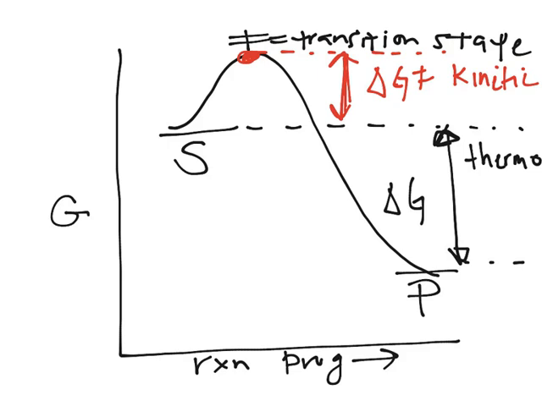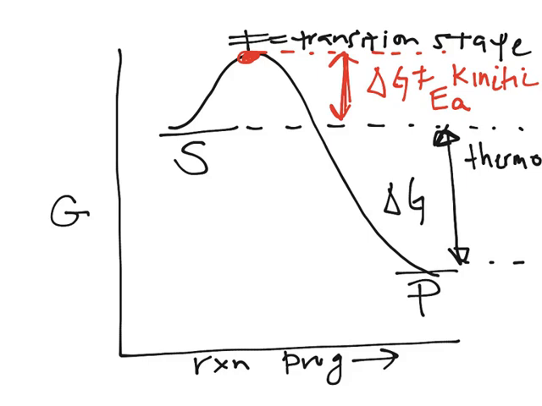So how much energy those substrates have to have when they collide for that reaction to proceed, for those bonds to break and new bonds to form as the products. In general chemistry, we refer to delta G double dagger as the activation energy, E sub A, but you have to admit saying delta G double dagger is a lot more fun, so that's what we're going to call it in this class.